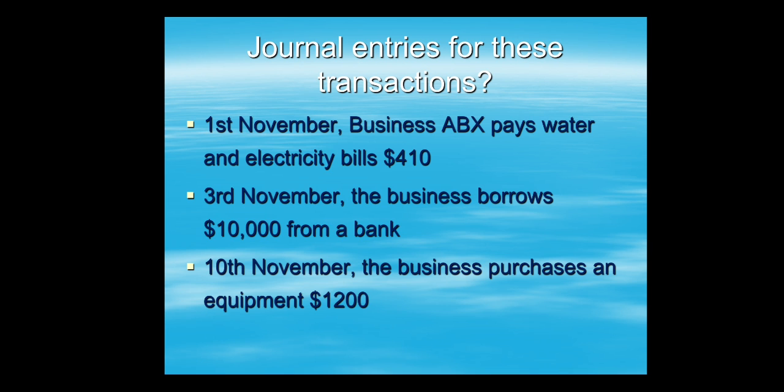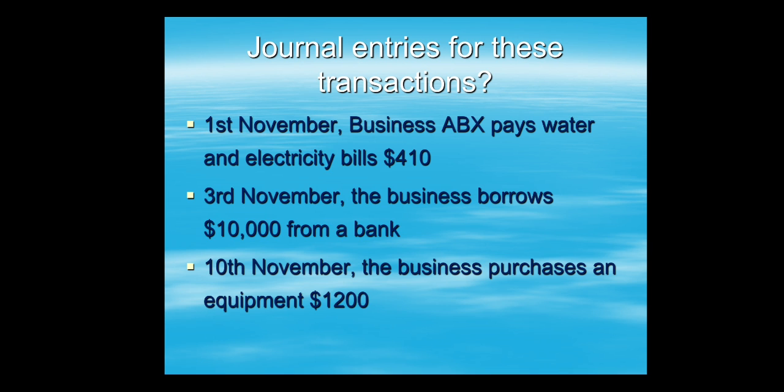So how to do the general journal entry? First you have to write the date, and then after that asset decrease, so you have to credit asset decrease. So credit account cash 410, and then equity decrease. Equity decrease, you refer to the rule of debit and credit. Equity decrease, you have to debit.